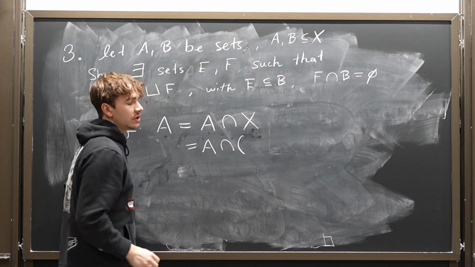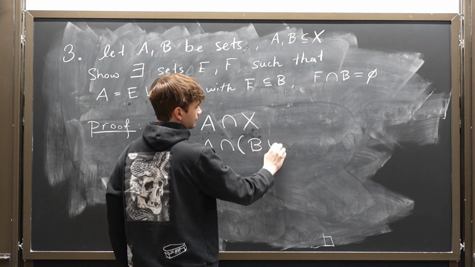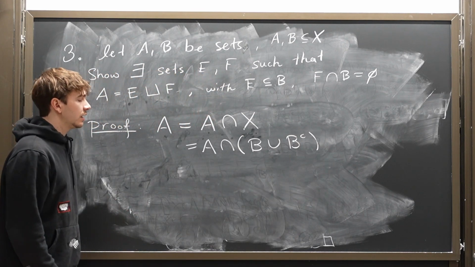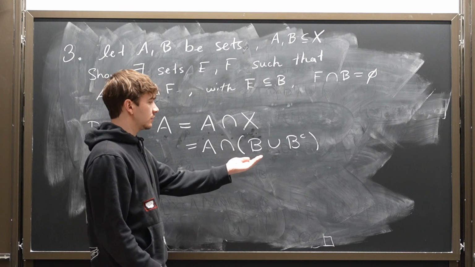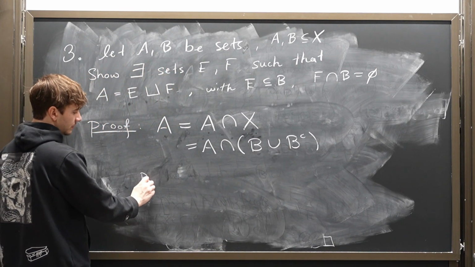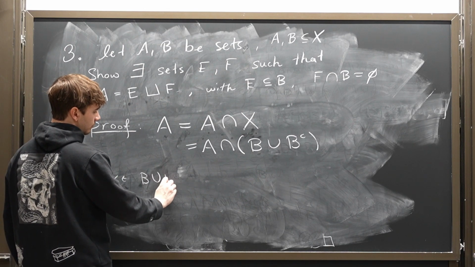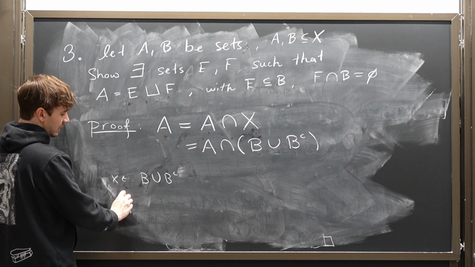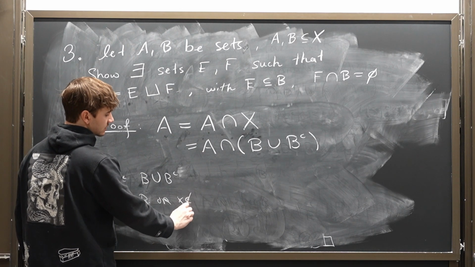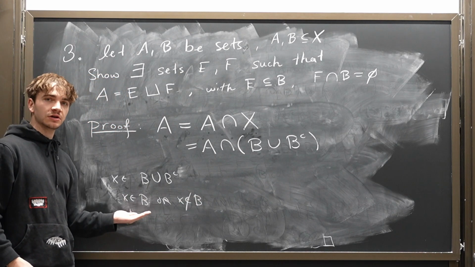Okay? Now, I'm going to write X as the union of two disjoint sets, namely B and its complement. And so you can check that if X is in B union B complement, this means that either X is in B or X is not in B. But this statement is tautologically true.